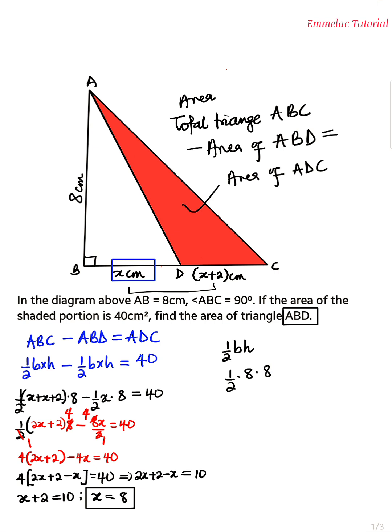So all we need to do is simplify. 2 here, 1, 2 here is 4. So we end up having that the area of triangle ABD is now 4 times 8, which equals 32 centimeter square as the final answer.